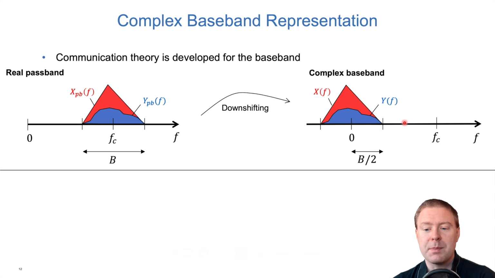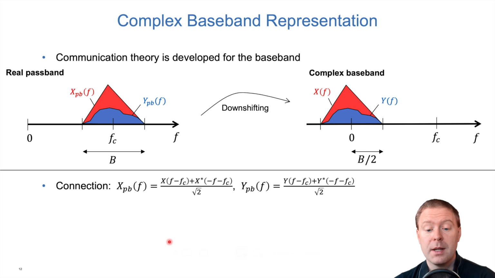So the complex baseband representation is very useful when studying communication systems, and we would like to take our descriptions of the system and inputs and shift them down to the complex baseband as well. Shifting the frequency domain components here is just to utilize these two properties.